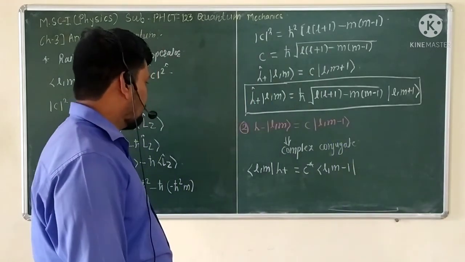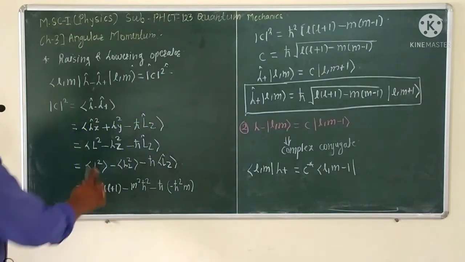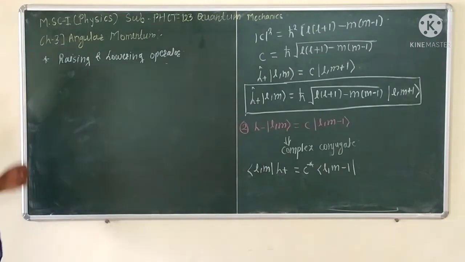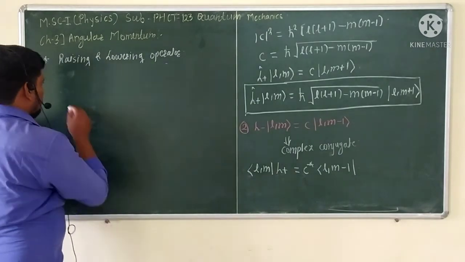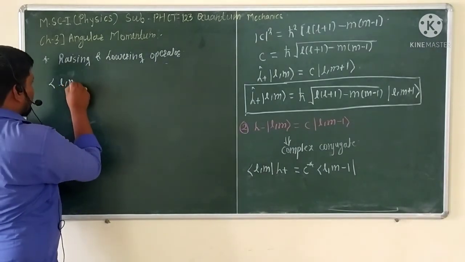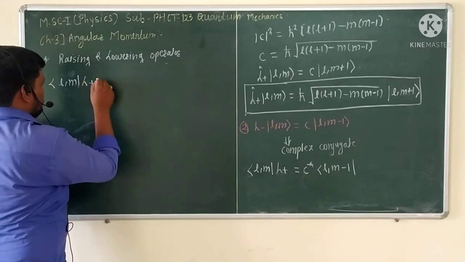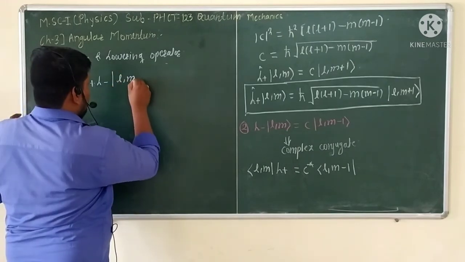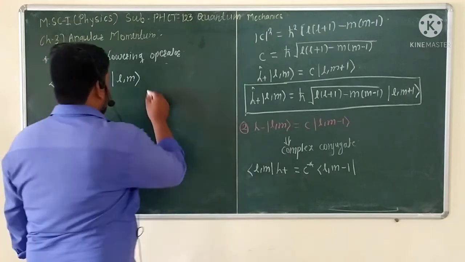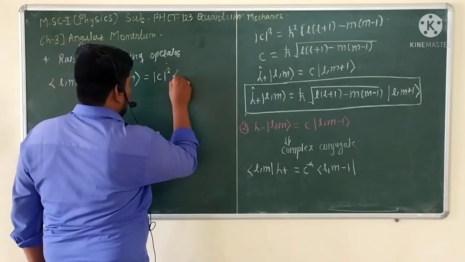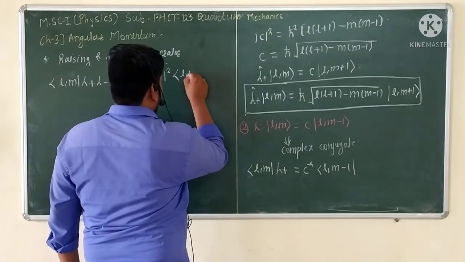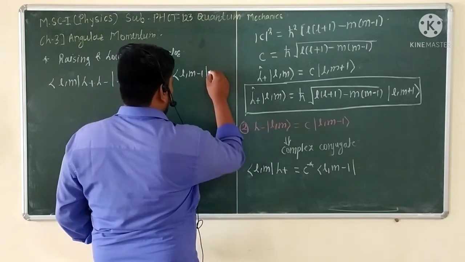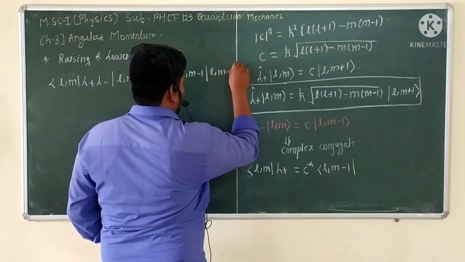And if we take this relation, multiplying these two, the result comes here: bra L comma m, L plus L minus, ket L comma m, which is nothing but the mod of C squared times the bra of L comma m minus 1, ket of L comma m minus 1.